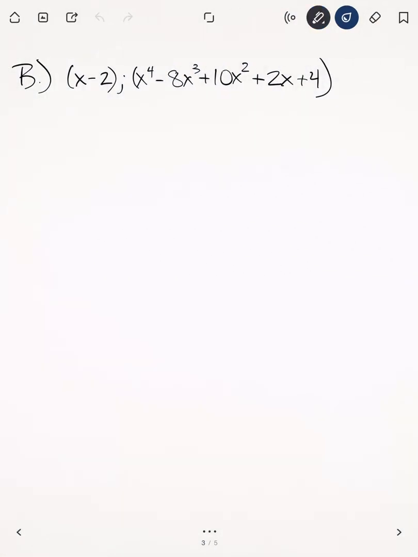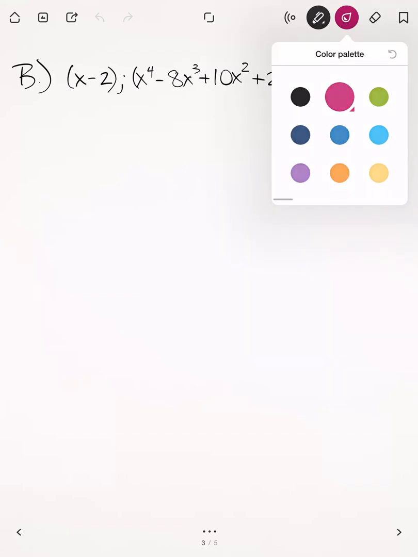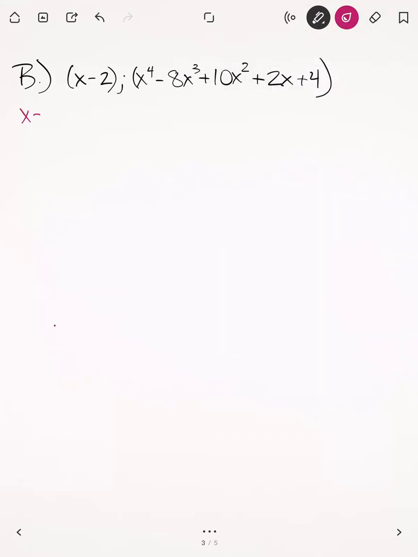Looking at example B, same directions, just new question. So we're going to take our binomial and set it equal to 0. I add 2 to both sides, and x equals a positive 2. So this is what goes in my half box for synthetic division.